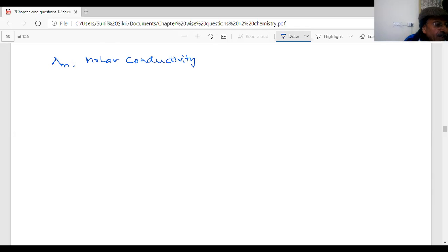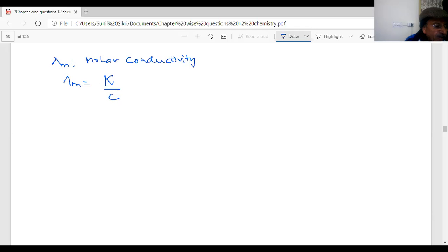Conductivity of different electrolytes in the same solvent at a given temperature differs due to the charge and size of the ions, the concentration of ions, or the ease with which ions move under a potential gradient. Therefore, molar conductivity has been defined as conductivity divided by unit molar concentration. So lambda m is kappa by C, students. Kappa is the conductivity, C is the concentration.